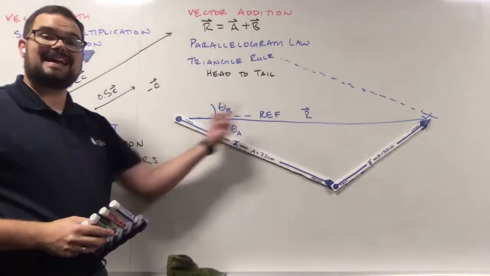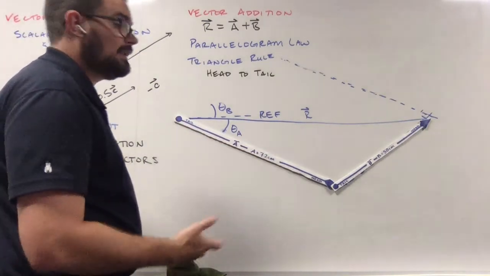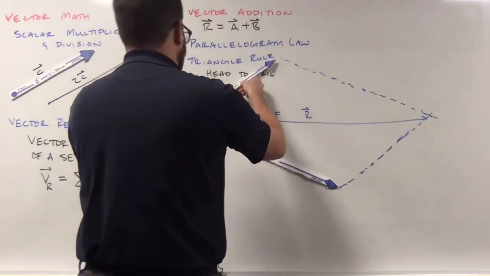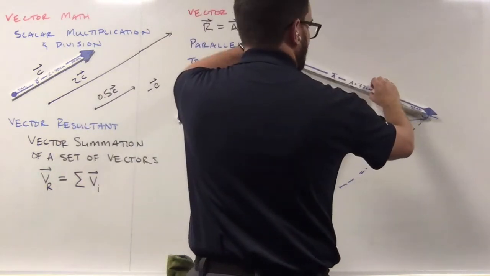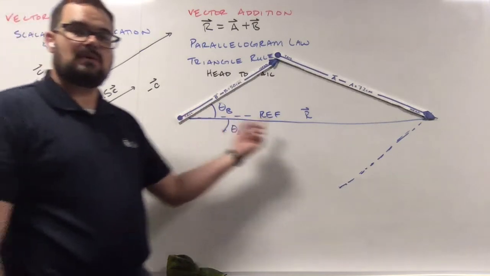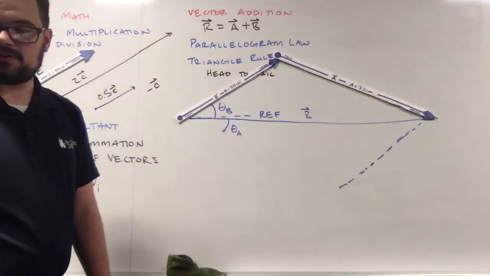And I get that same reference line. And then again, I can do this to scale. This also helps us see that vector addition is commutative, meaning that A plus B is going to be the same as B plus A. So it doesn't matter what order I do, I'm going to get the same resultant force. So that's going to be very important to us.